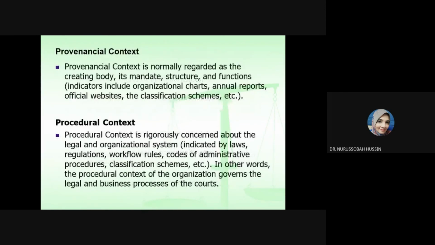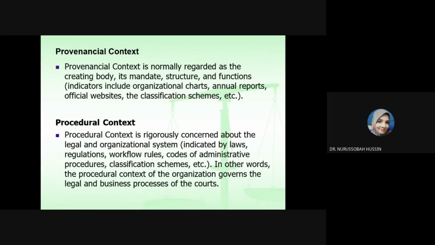Providential context is normally regarded as the creating body, its mandate, structure, and functions. Okay, it includes the organizational chart, annual reports, official website, the classification schemes, and so forth.